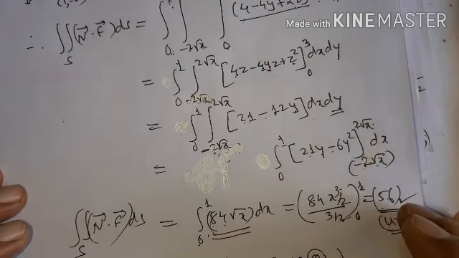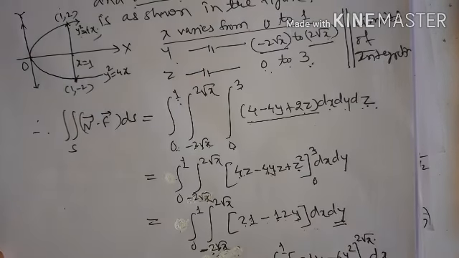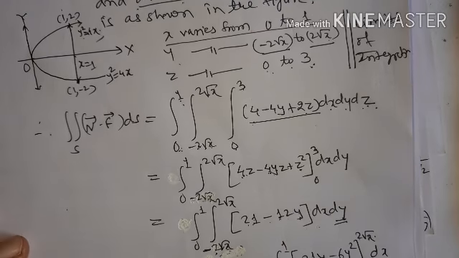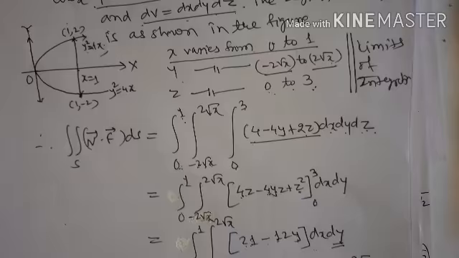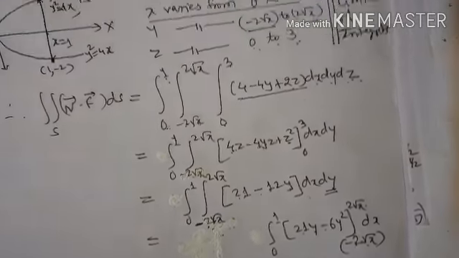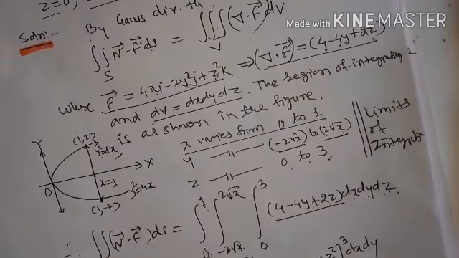So this completes, quickly, the use of Gauss divergence theorem to evaluate a surface integral with the help of a volume integral.